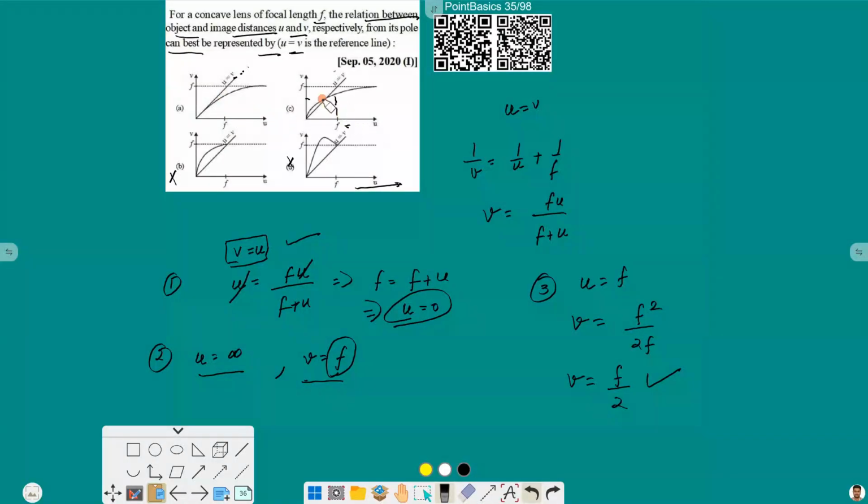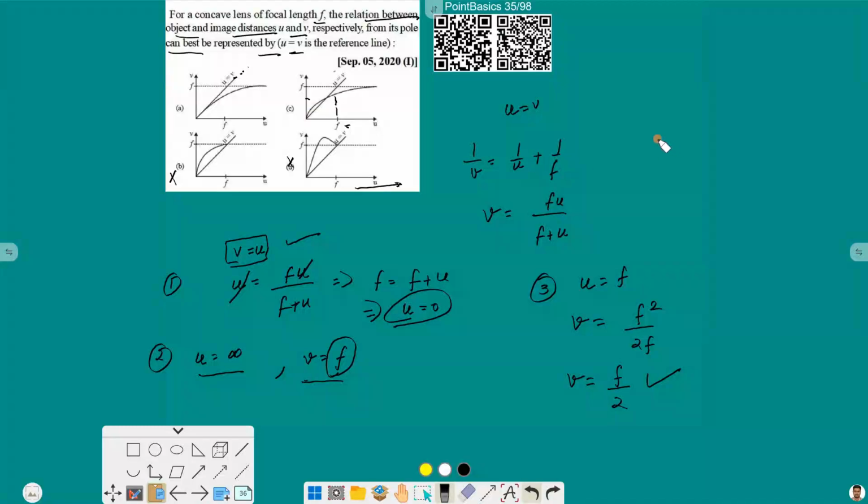Now we have to find out what type of behavior the graph will show between A and C. In graph A, we can see that v is either equal to u or less than u. And in case of graph C, v is sometimes going beyond the u is equal to v line.